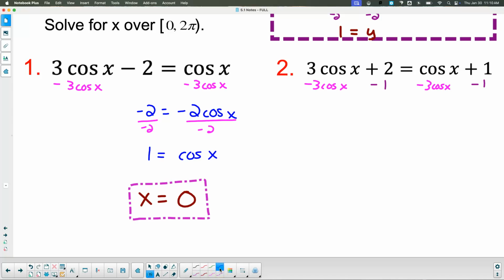But that then gives me 1 equals negative 2 cosine of x. Now I'm going to divide by negative 2. That gives me negative 1/2 is equal to the cosine of x. First lap of the unit circle, where is cosine equal to negative 1/2? Just 2 pi over 3?